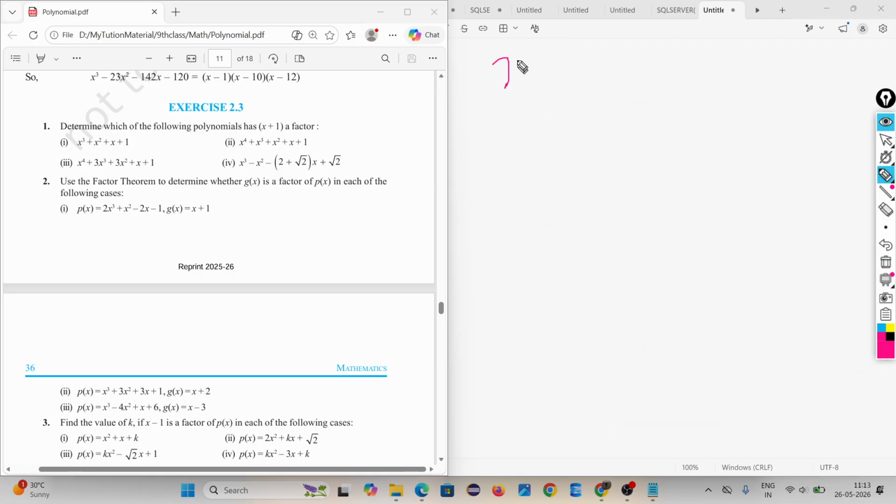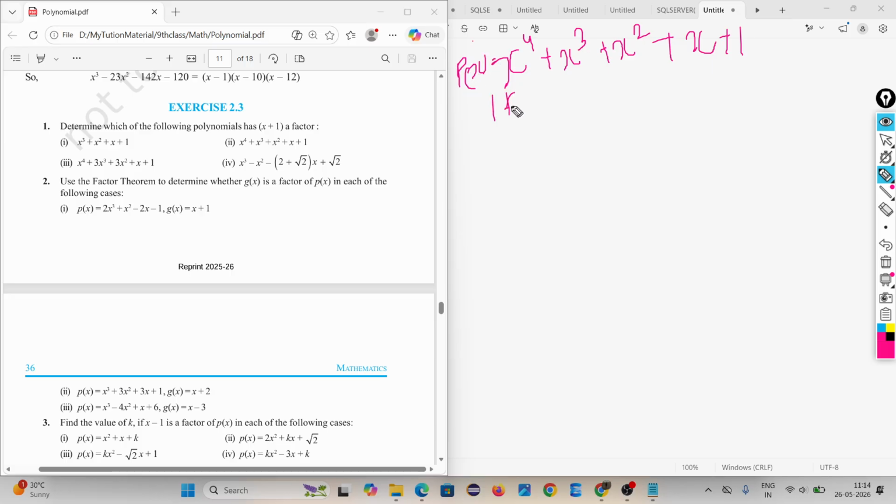Then come to next question. x raised to the power 4 plus x cube plus x square plus x plus 1. This is the polynomial.